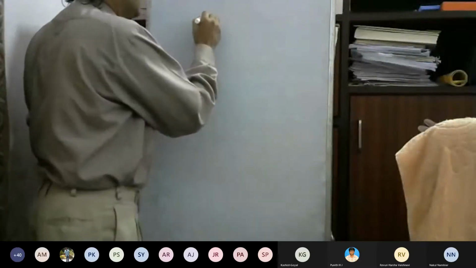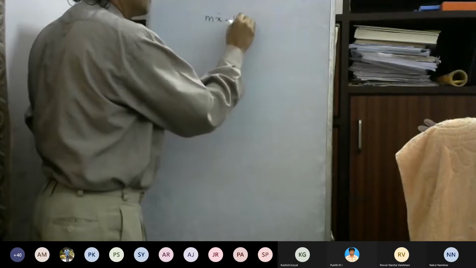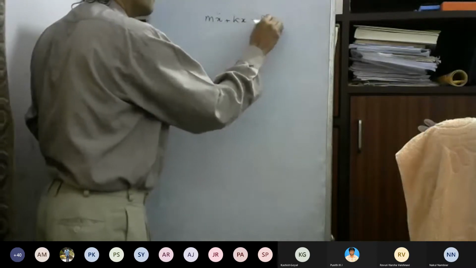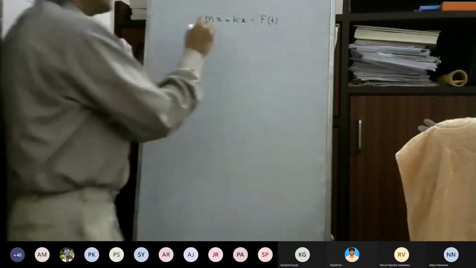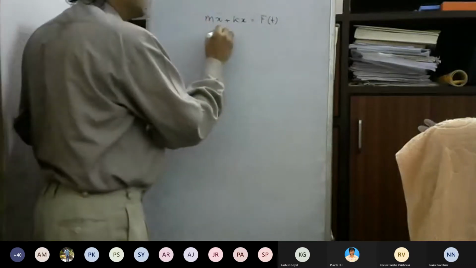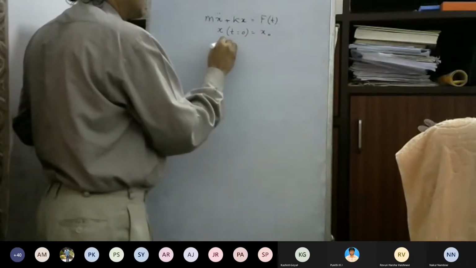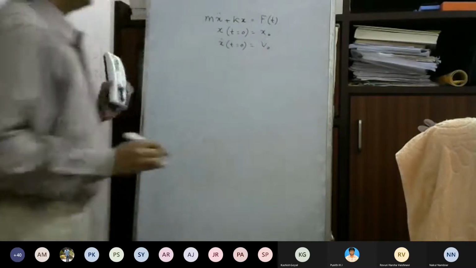Our task was to find out the response of this equation with the initial conditions x at t equal to 0 as x0, and x dot at t equal to 0 as, let us say, v0, the initial velocity.